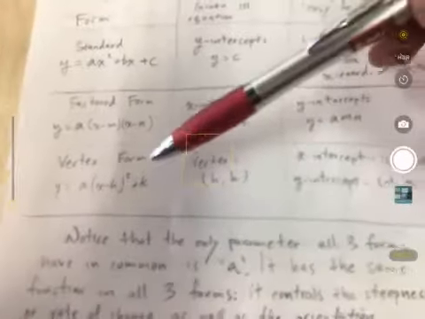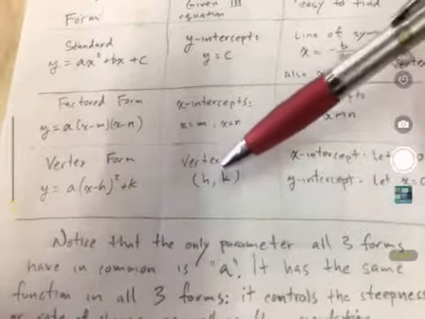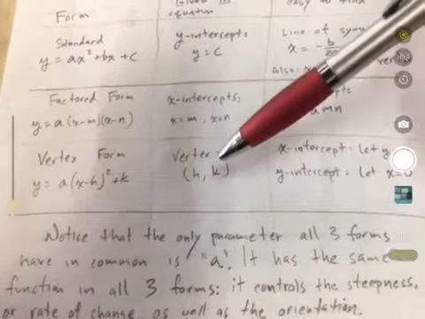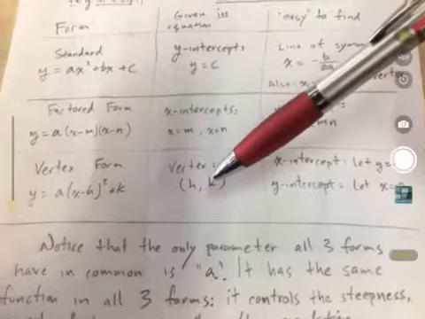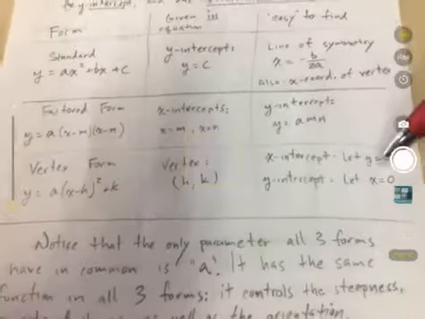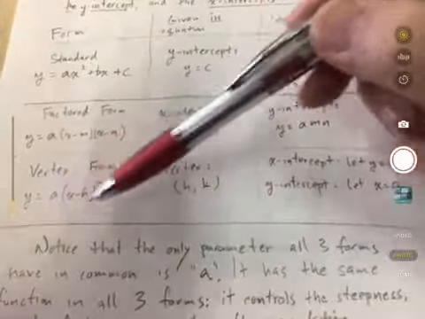Okay, vertex form is super nice though. Its special form gives us the vertex right there in the equation. So that is the only one that really gives you the vertex, just hands it to you. You can get the x-intercept without too much work by letting y equal 0, putting a 0 in there for y and solving it.